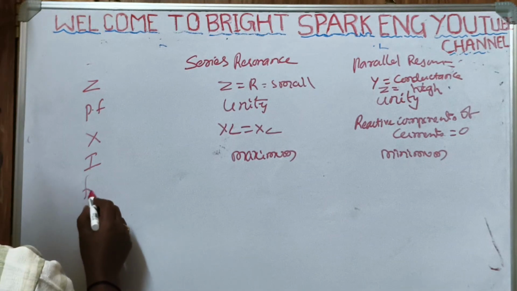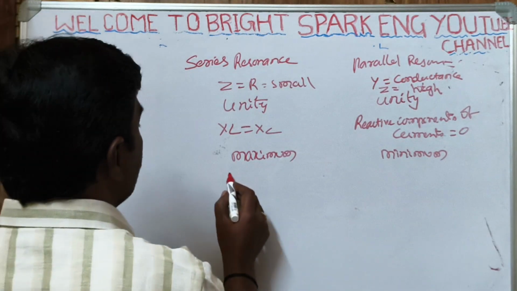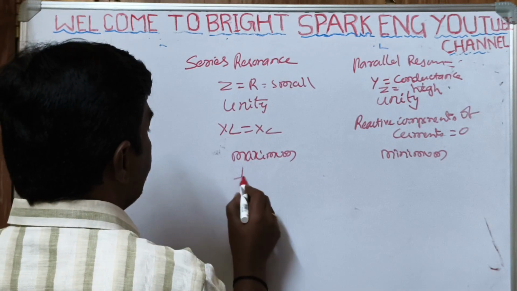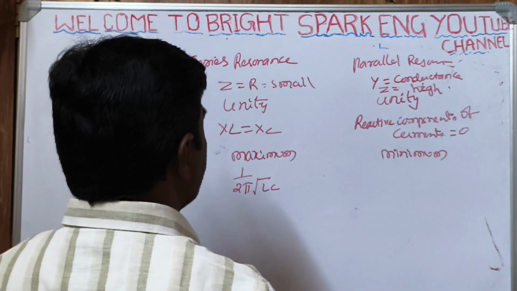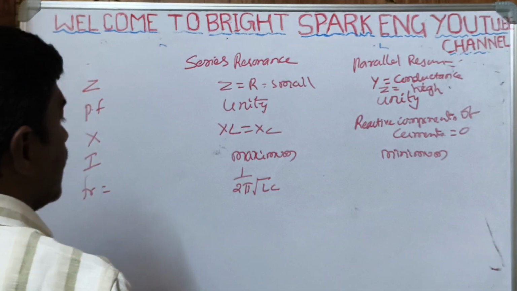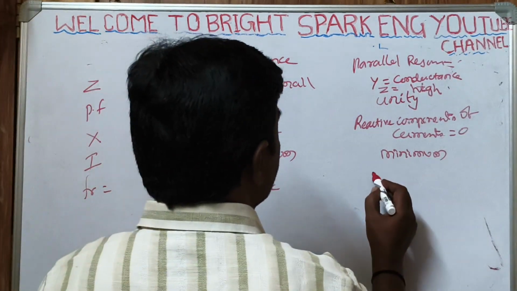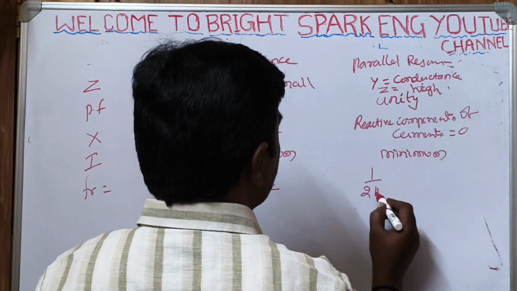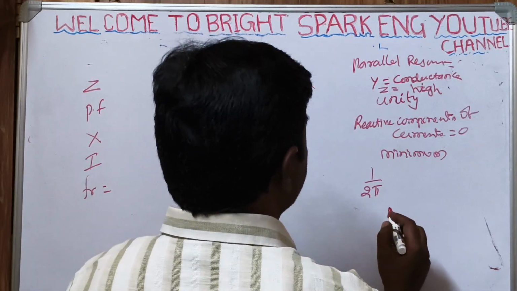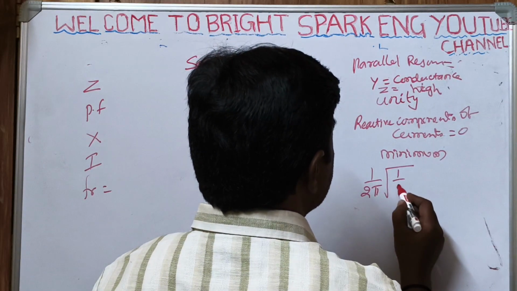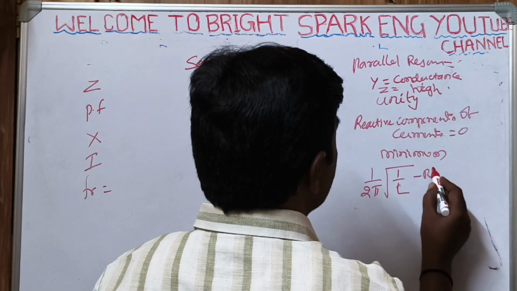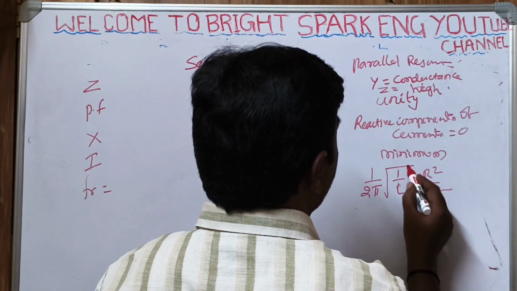Here FR, called the resonance frequency, is 1 by 2 pi root LC. Okay. Here 1 by 2 pi square root of 1 by LC minus R square by L square.